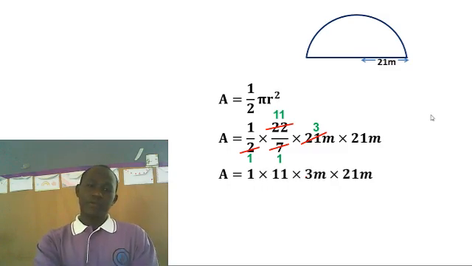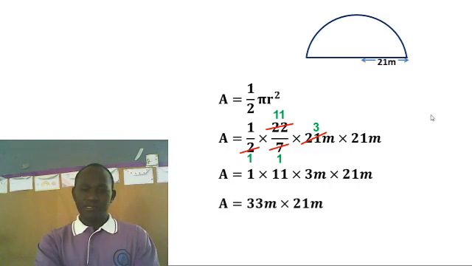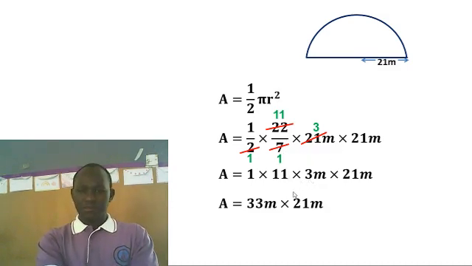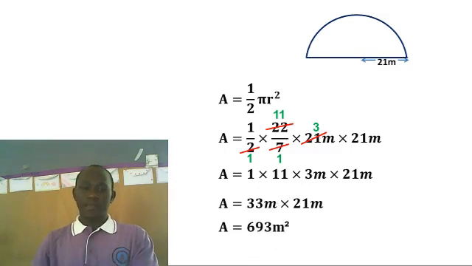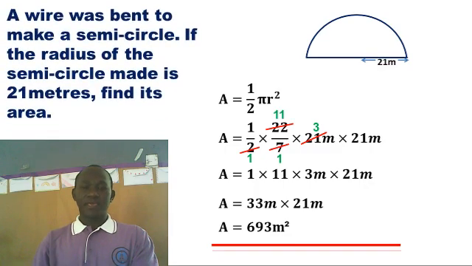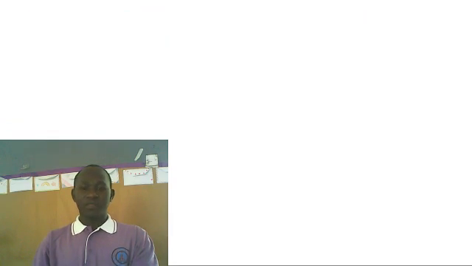So our area will be 1 times 11 times 3 meters times 21 meters, which still gives us, first of all, 11 times 3 is 33. So it's like having 33 meters times 21, which gives us 693 square meters.